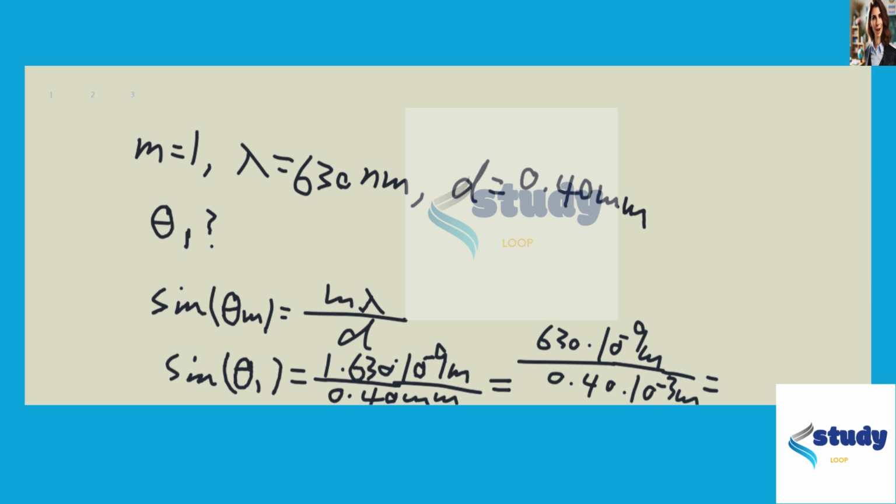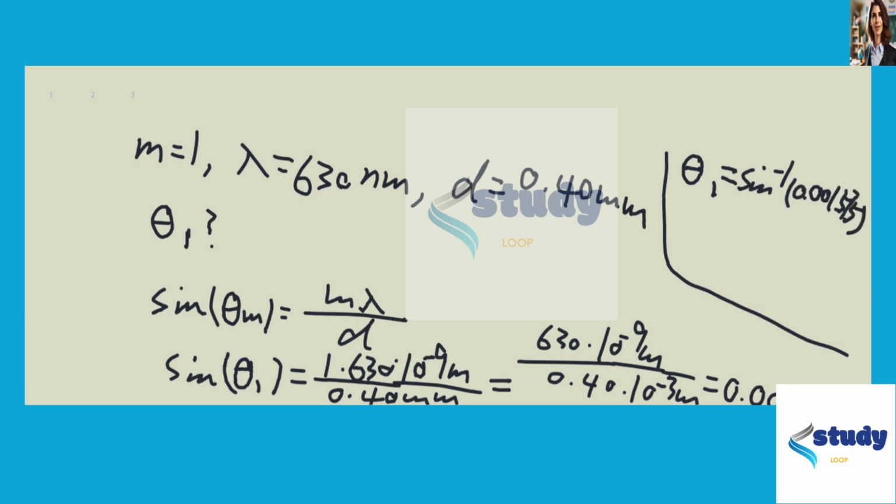It will be 0.001575, and theta 1 would just be equal to the inverse sine function of this, which should give us 0.09 degree.